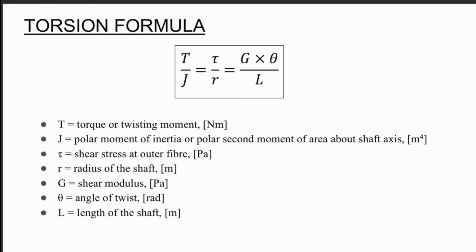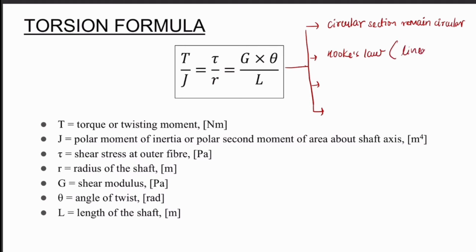For a torque acting over the shaft, we can derive the torsional formula, which is given by T over J equals tau over R equals G theta over L. This formula is derived on some basic assumptions: the circular section remains circular before and after the loading; the material follows Hooke's law, that is, stress-strain variations are linear; the torque or twisting couple acts on a plane perpendicular to the axis of the shaft; and the material is homogeneous and isotropic.